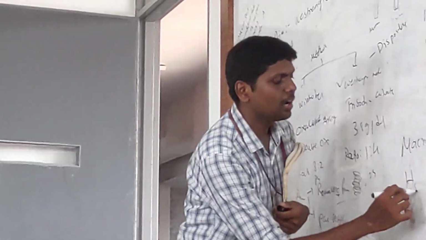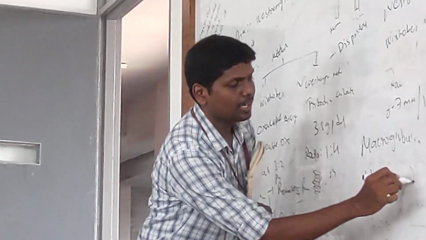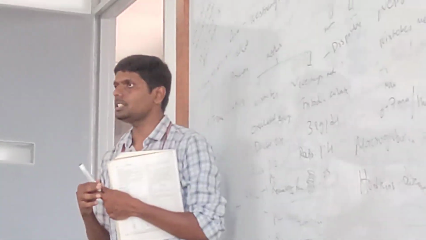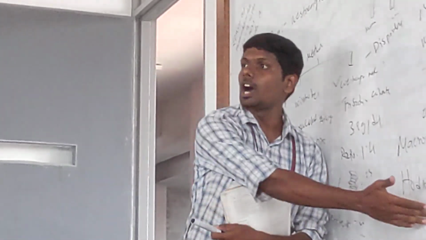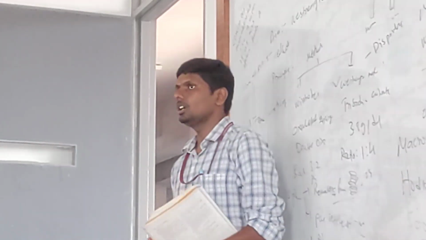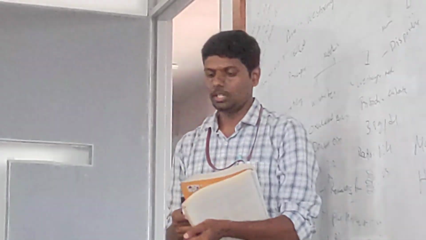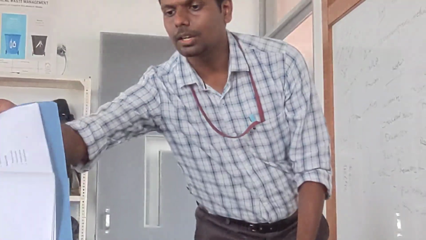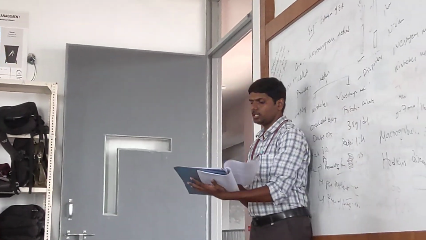Hodgkin's disease is an autoimmune disorder. Within the bracket, it's an autoimmune disorder. Okay? So, write down a few more points.